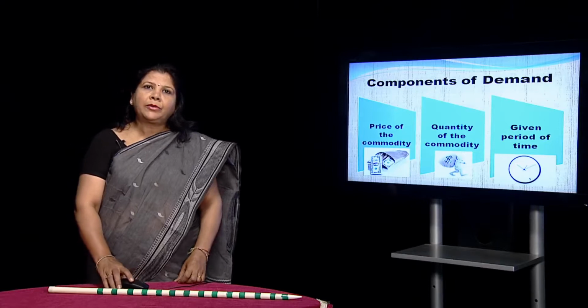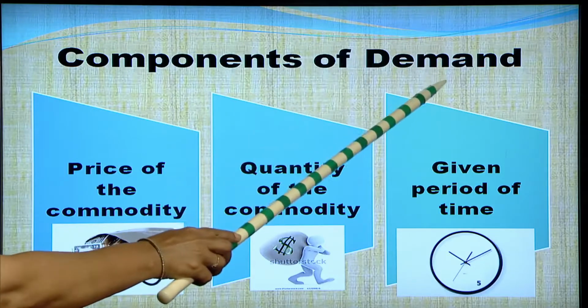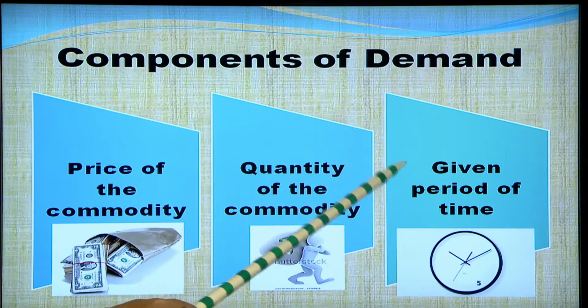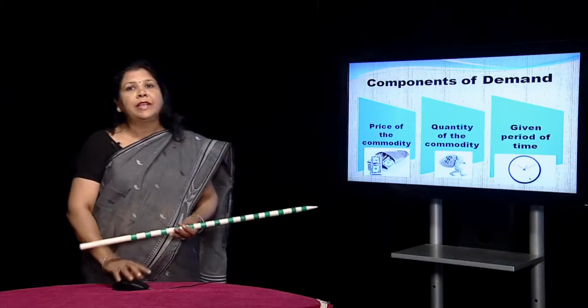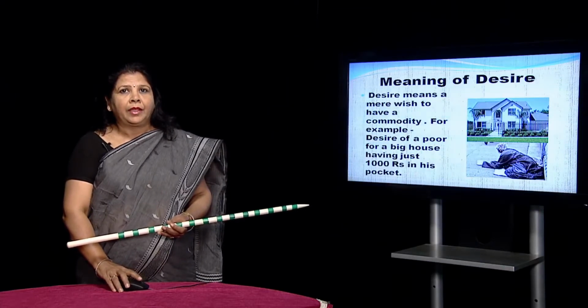It's important now to understand the components of demand. The components of demand are price of the commodity, the quantity of the commodity and the given period of time for which the quantity is demanded.